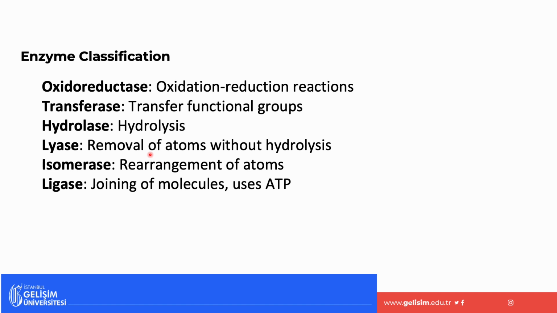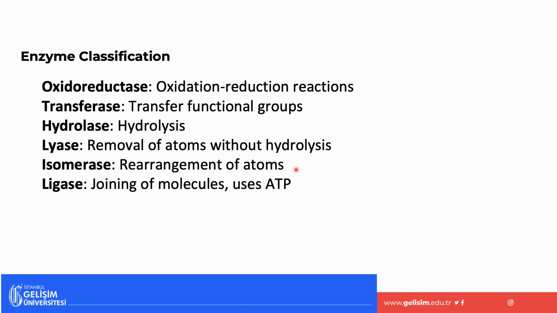Now, lyases. These enzymes catalyze the removal of atoms or groups of atoms from a molecule without using water to break bonds. So examples of lyases include decarboxylases as well as dehydratases. Okay. Next we have the isomerases. These enzymes catalyze the rearrangement of atoms within a molecule to form an isomer.